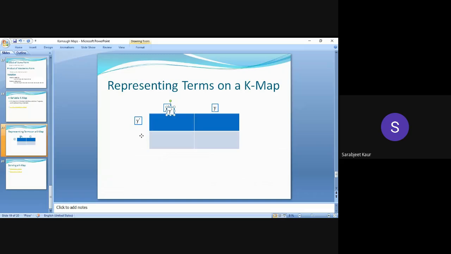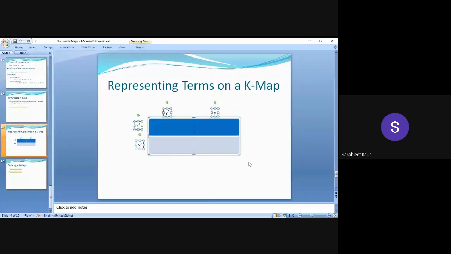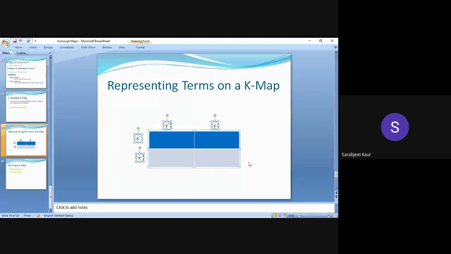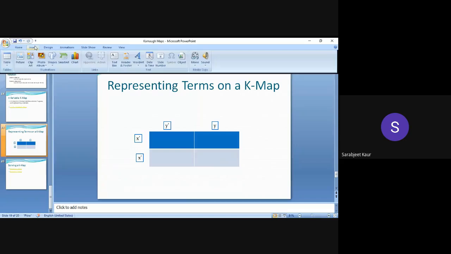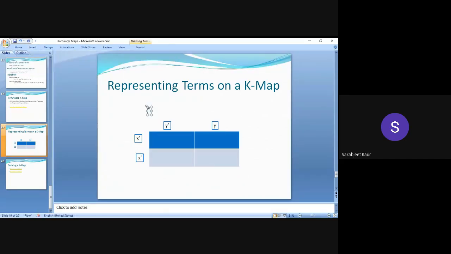So let's say that I have a function f. It is a two Boolean variable function.